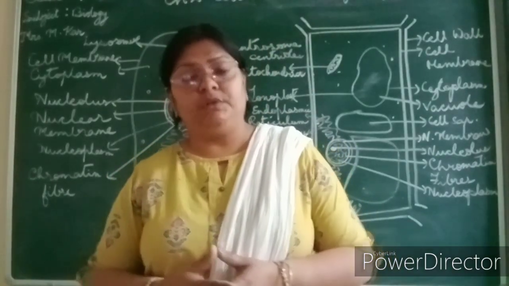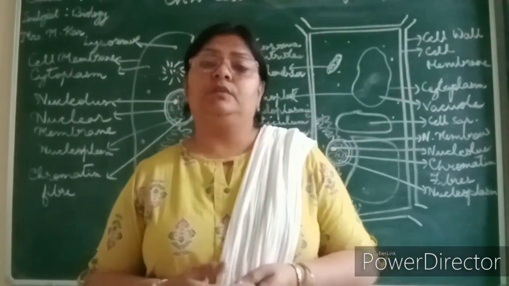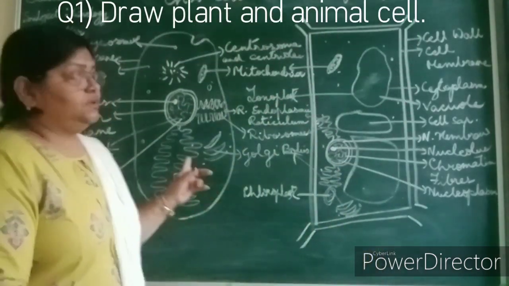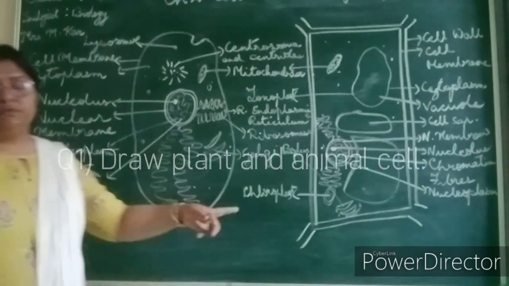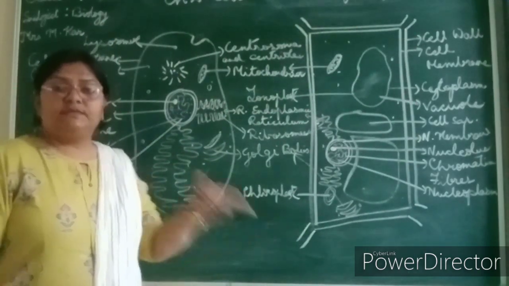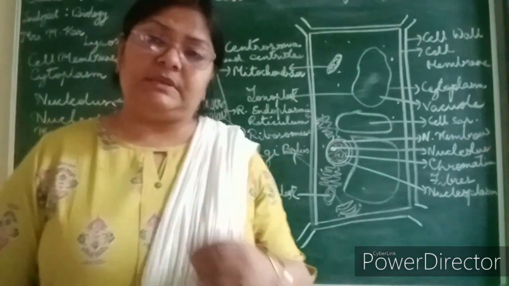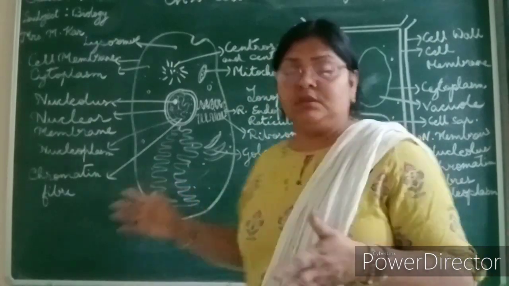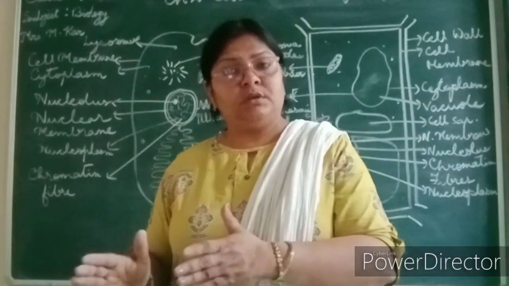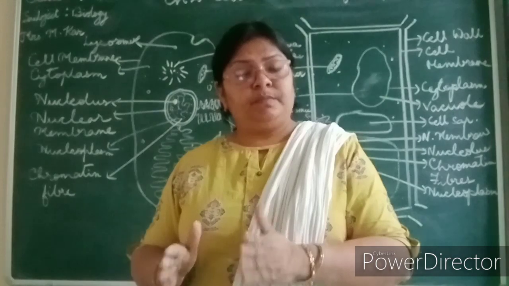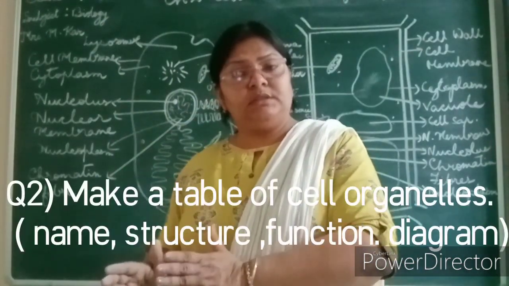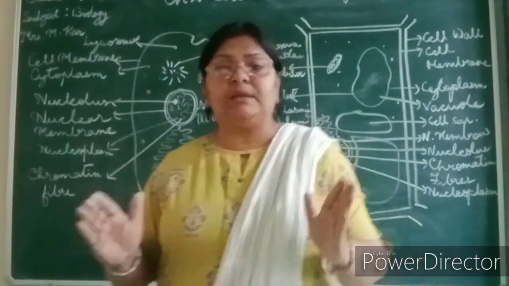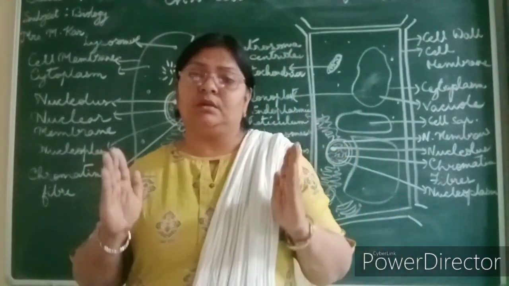Now after you go through this video, read the book if you have it with you, and please see that you do these diagrams. Please practice these diagrams, make them in your notebook, as many times as you can. Whatever cell organelles are mentioned here, please make a list of them. Write the structure and function in separate columns, draw it separately, and make this table ready for quick learning.